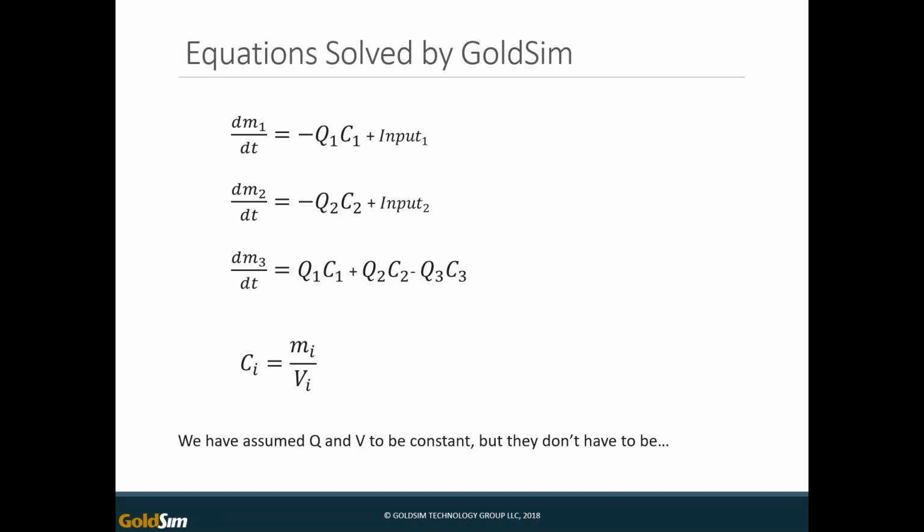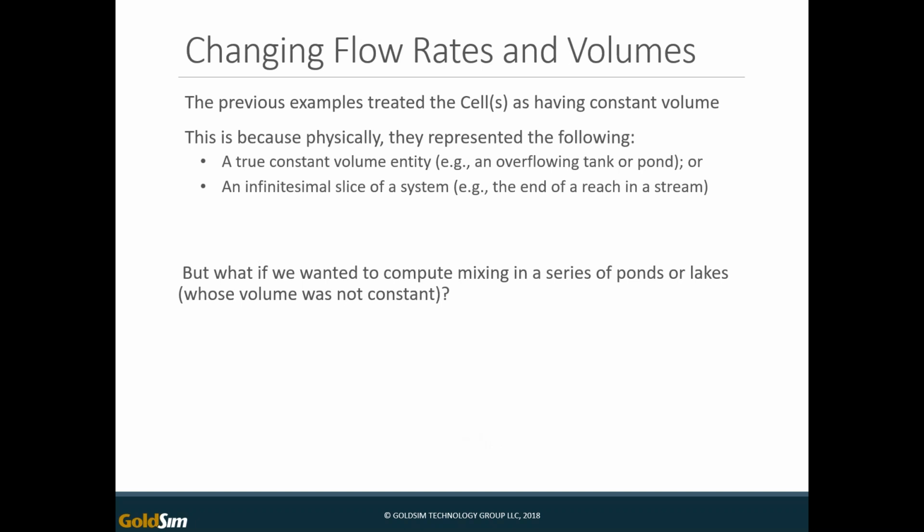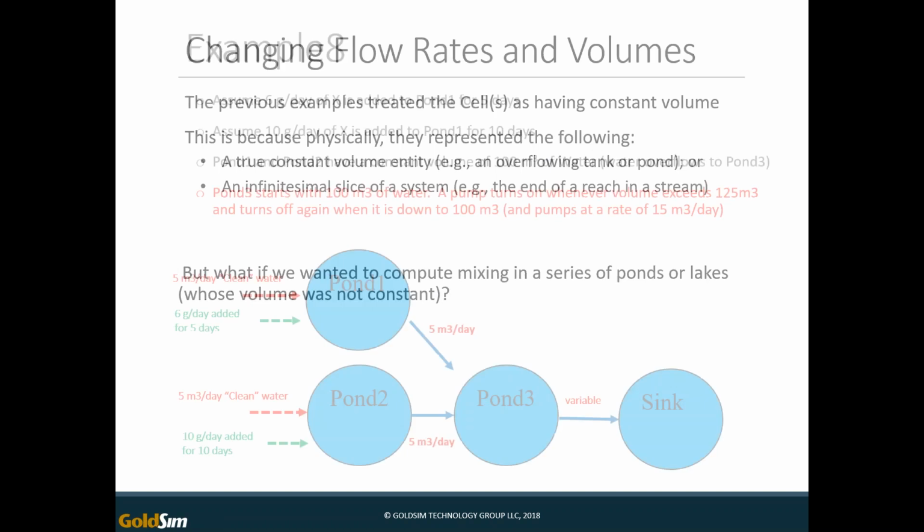So in a real world system, we're going to have changing volumes. So how do we go about simulating the system that I just showed you if the volume is not constant?